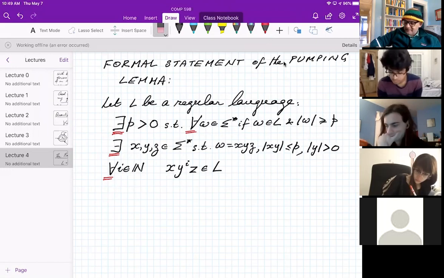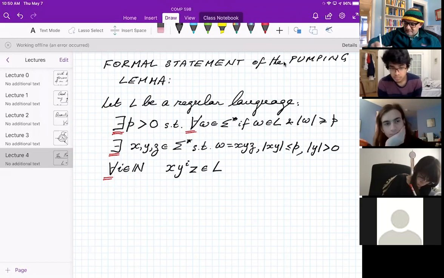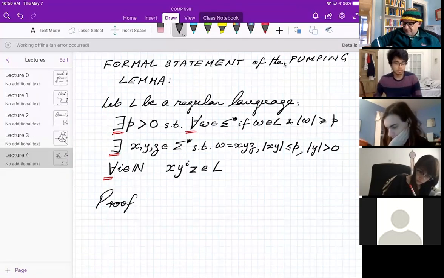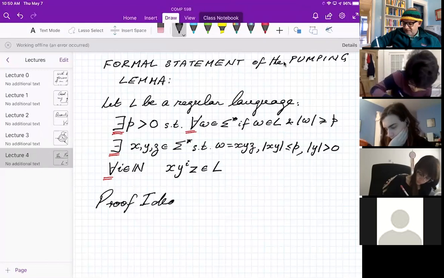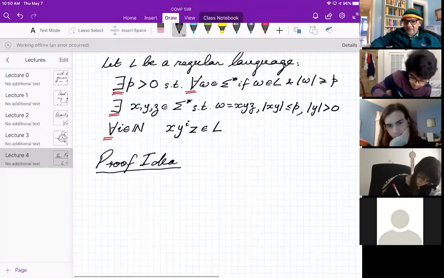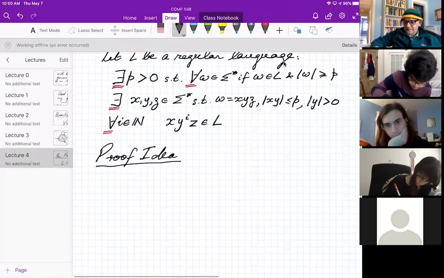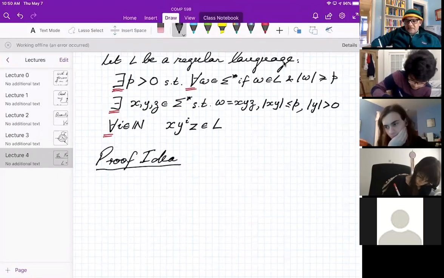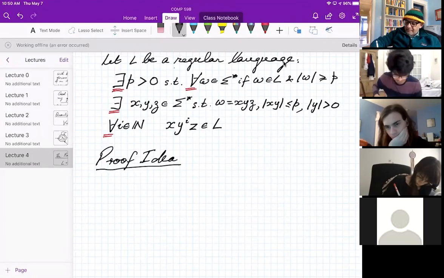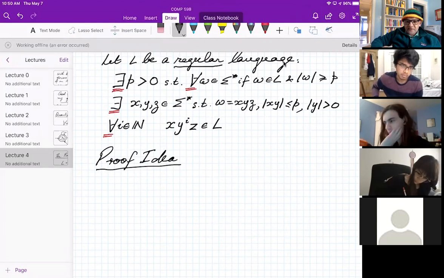So, proof idea. It is basically the picture I've already shown you for A to the n, B to the n. Part of the assumption is that it's a regular language, which means it's recognized by a deterministic finite automaton.